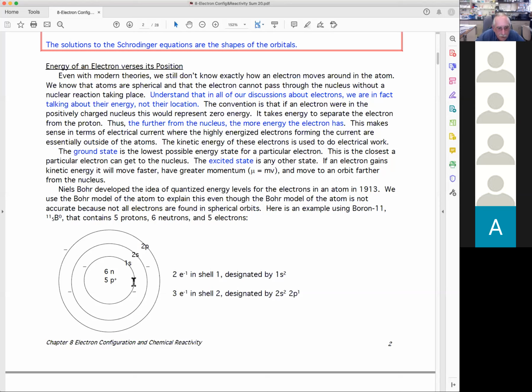So that means that you can't have electrons here, but out here you can. So here there's more energy than here. The further away I take the electron, the more energy it has. And you know why that makes sense? Think about electricity.